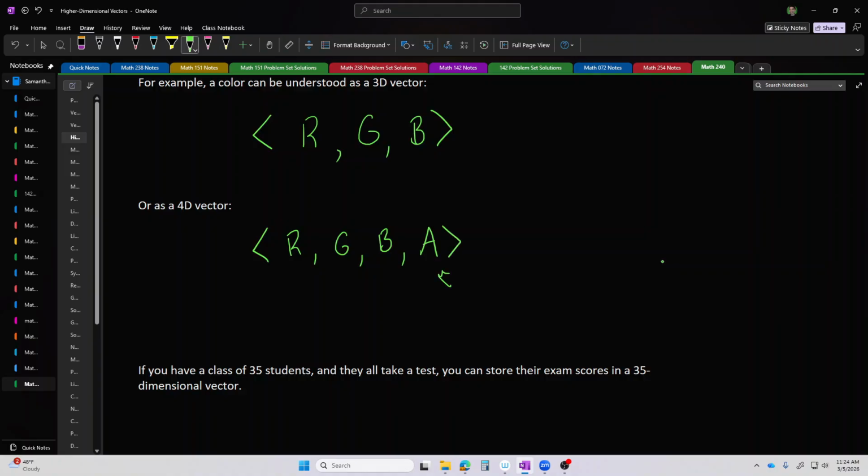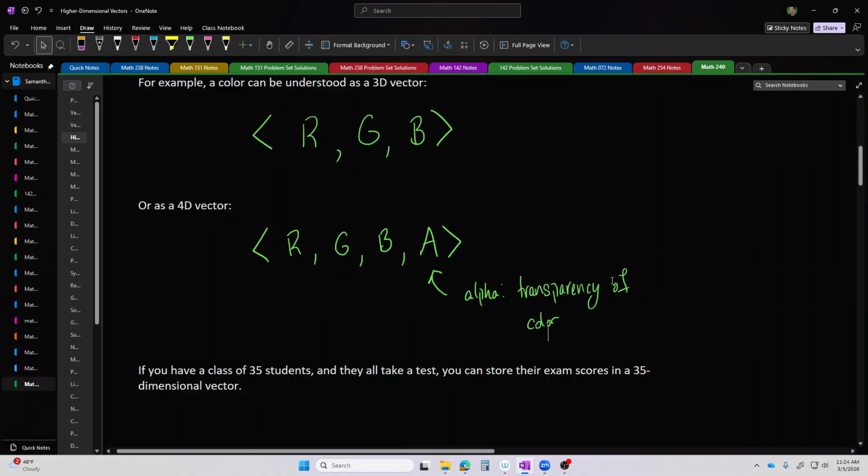And the alpha value tells you how transparent or opaque your color is. So here's our first four-dimensional vector, just a color with a sense of how transparent that color is.